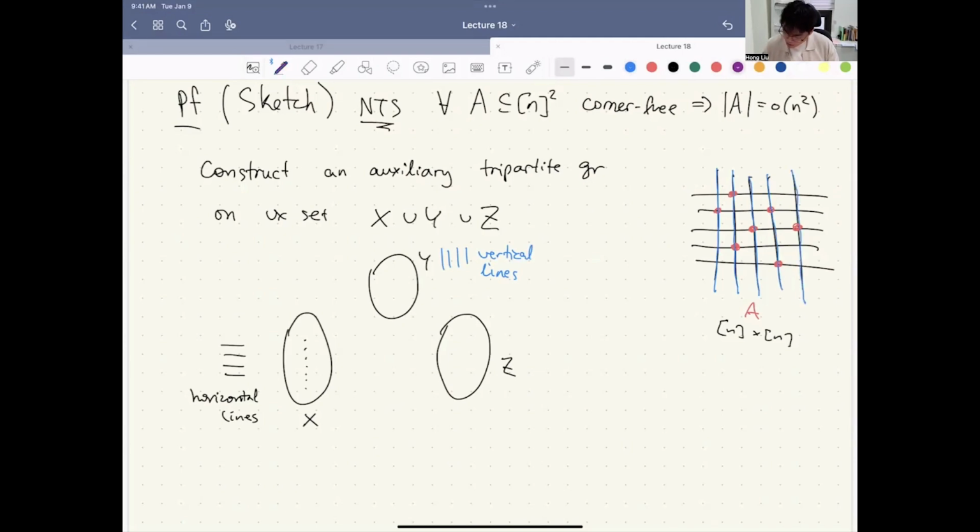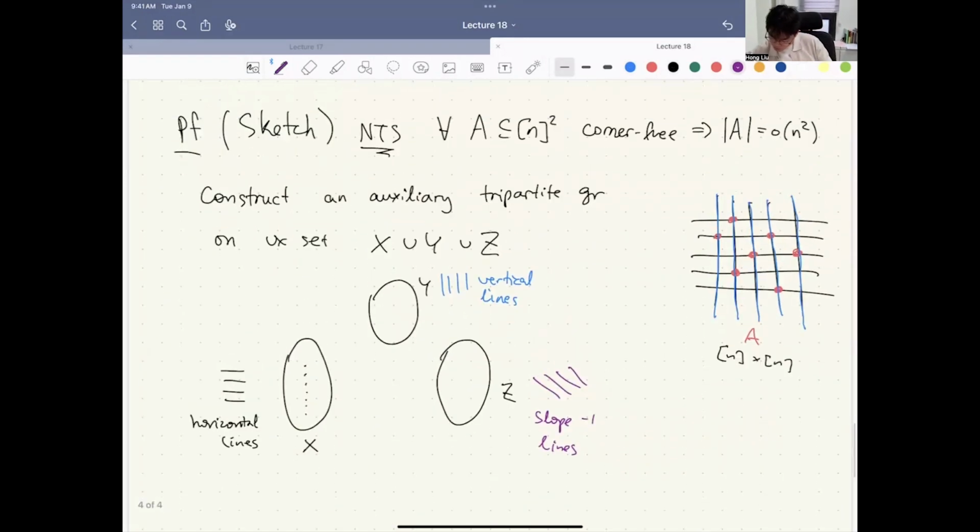Now every line of slope -1 going through some grid points in n by n, we make it a vertex in Z. So this is Z. You get the idea.